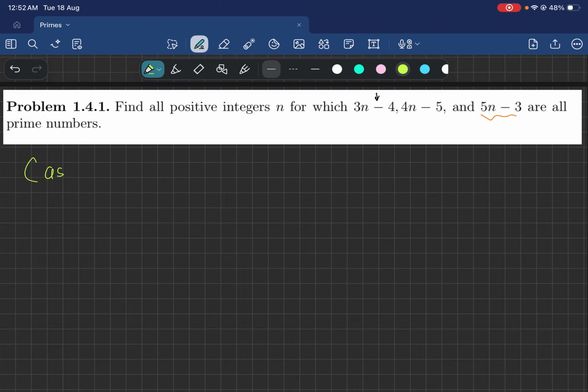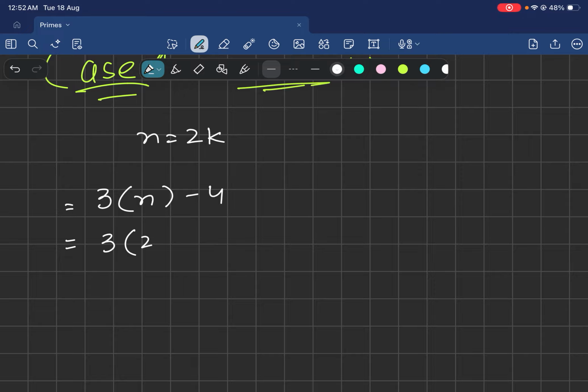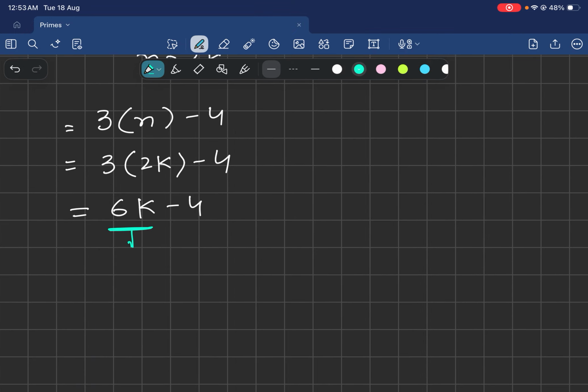Case 1 will be n is even. Let's see what happens if n is even. If n is equal to 2k, then 3n minus 4 will be 3 times 2k minus 4, which is 6k minus 4, and we know that this is an even number because it has a factor of 2 in it.